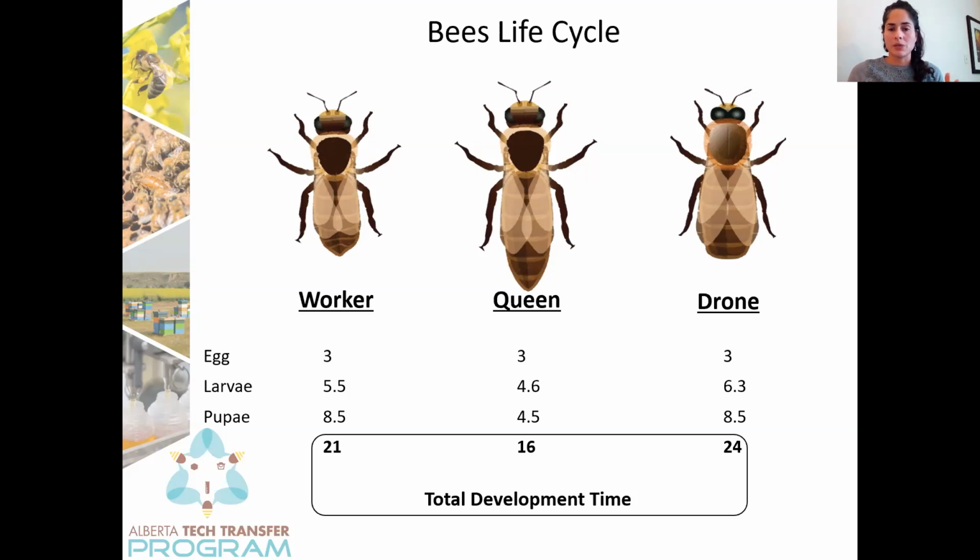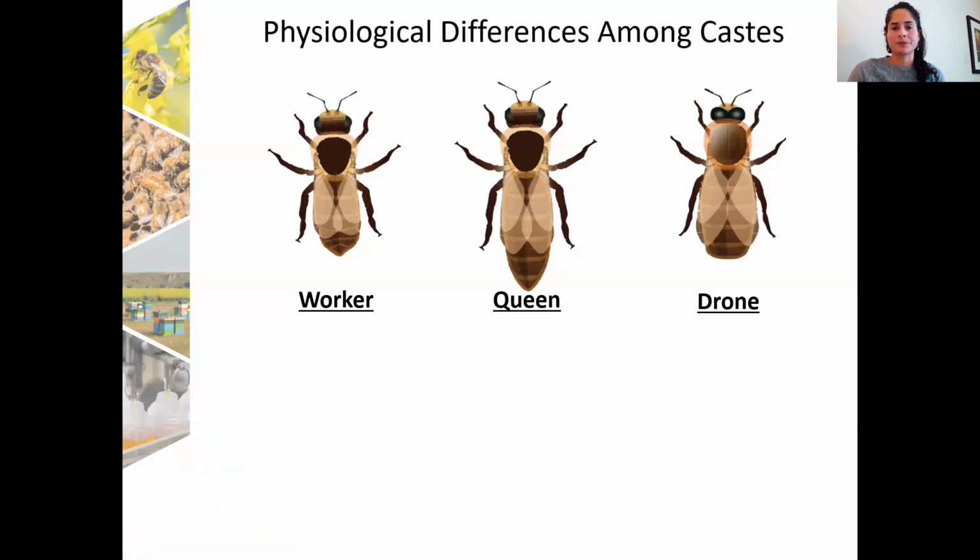If you are raising queens, for example, there is a very important period of development when you shouldn't disturb that queen cell, or you can damage the queen while she's developing her wings. So it's very important to know those times, and what the total development time is in general. But again, it can be a little bit more, a little bit less, and it can depend on many things. That's just the average.